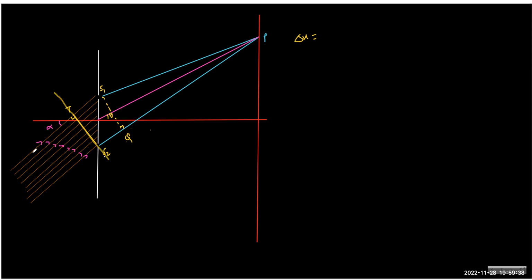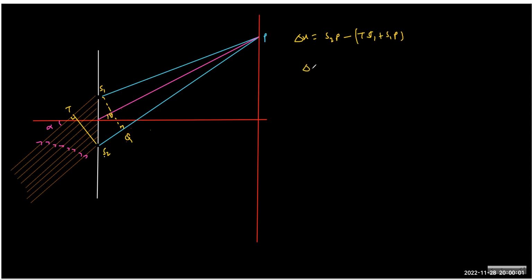The entire wave has traveled the same distance up to this point. Yes or no? Yes, sir. So the only difference is this, no? Yes, sir. So the way of writing the path difference is simple. We write S2P minus TS1 plus S1P. Do you realize this? Yes, sir.